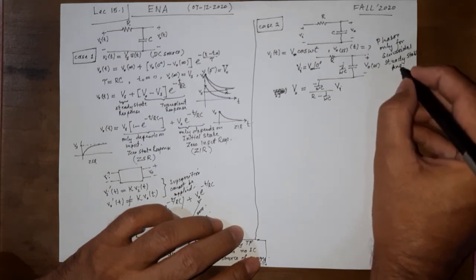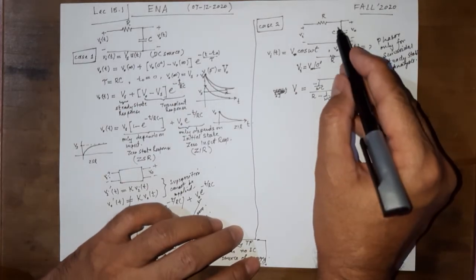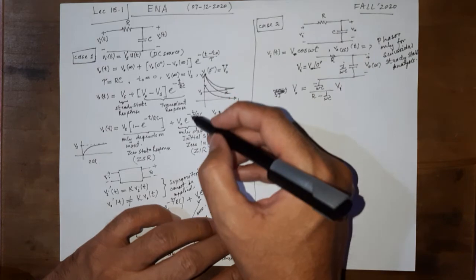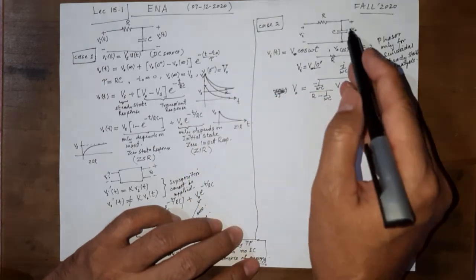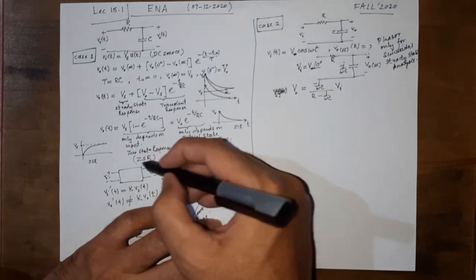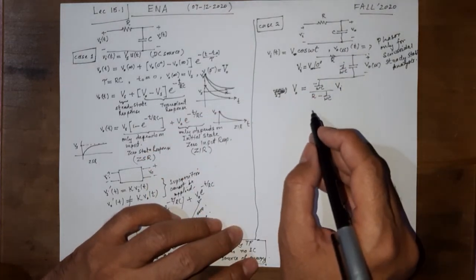What does this mean? That the initial transient, so if there would have been some initial voltage here, its effect is long gone. Such type of output is long gone, and what is left is the response, that is the zero state response, is what we are looking at.